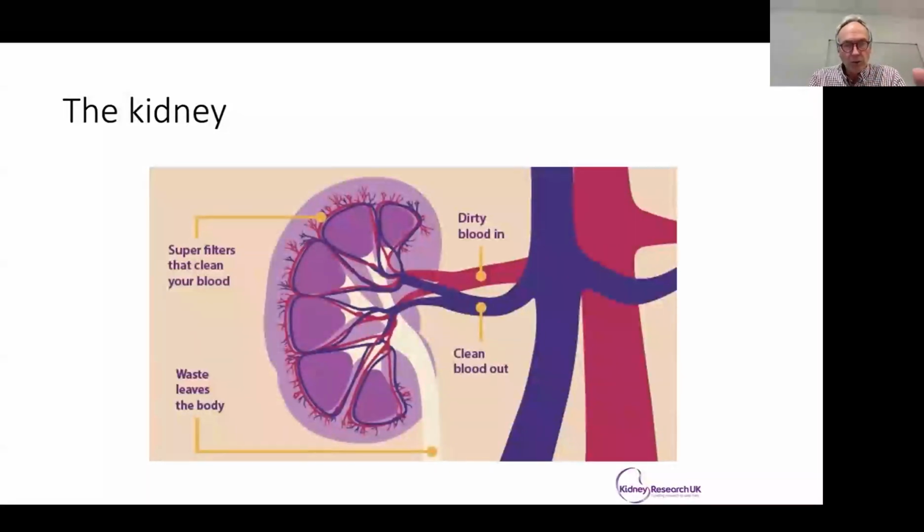And you can see the dirty blood that's going into the kidneys, and then it goes through these super filters that clean out all the waste products that then leave through the ureter here at the bottom, and the beautiful clean blue blood goes back to the body. It's marvelous, isn't it? But not a single word about tubules.